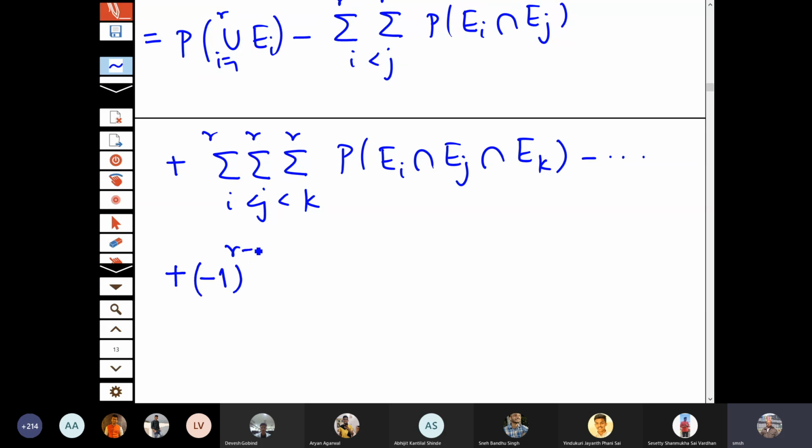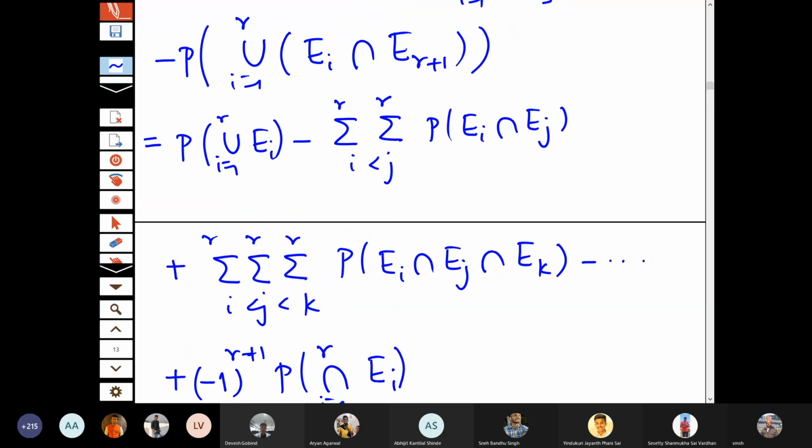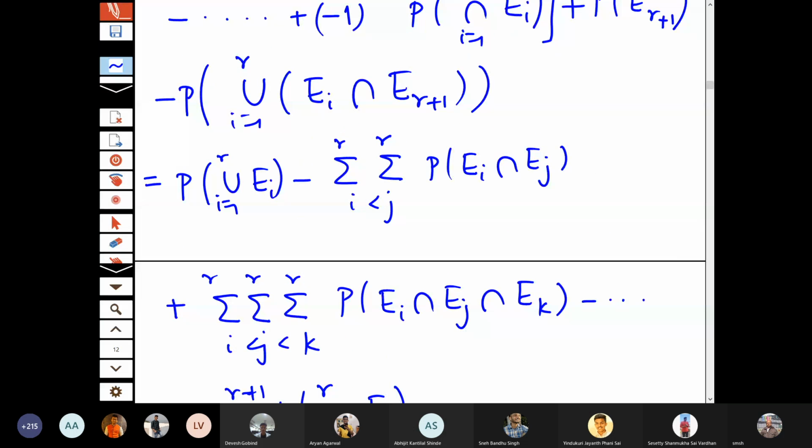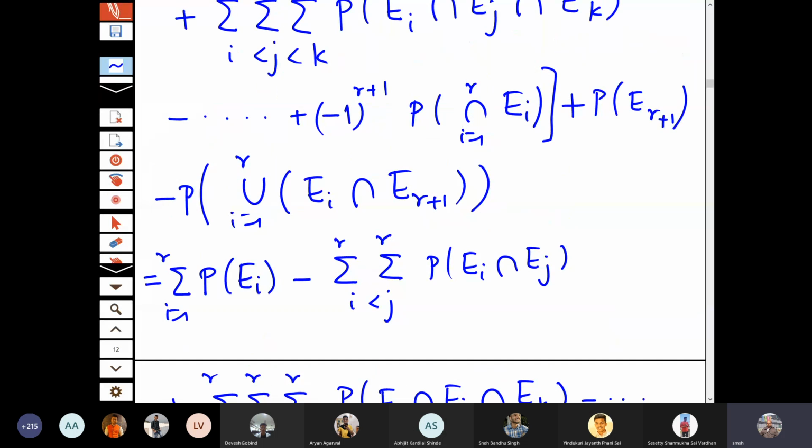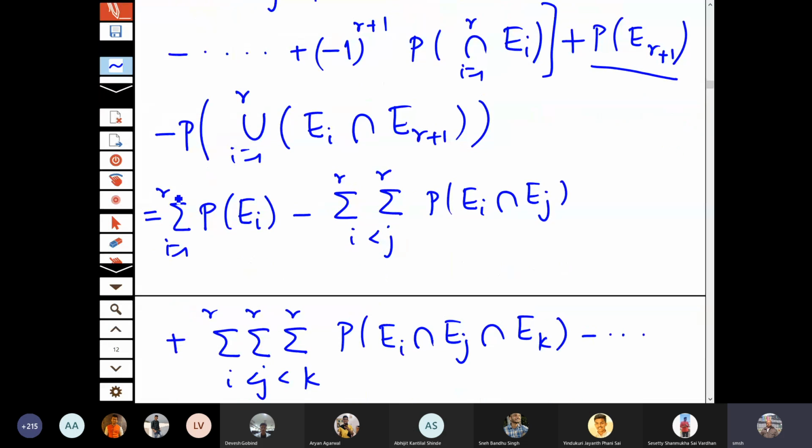Minus 1 to the power r plus 1, probability of intersection Ei, i equals 1 to r. Now this one I wrote incorrectly. This is Ei, i equals 1 to r. However, in this one I had an additional term, probability of E r plus 1, so I can adjust with this one. So this becomes a sum up to r plus 1.